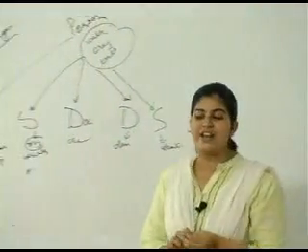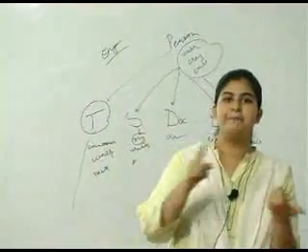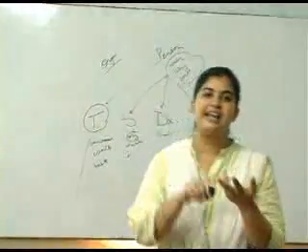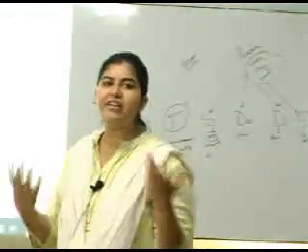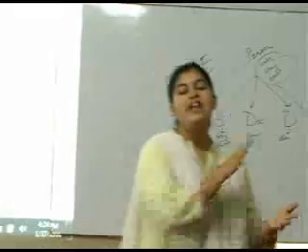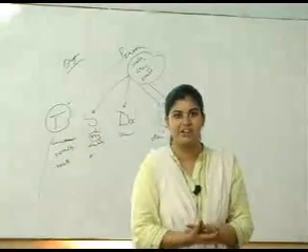So whenever I am talking about any class, the class can be either a base class or a derived class. A base class is also called the generalized class, where you have everything in general. There is no specific feature for that particular class.